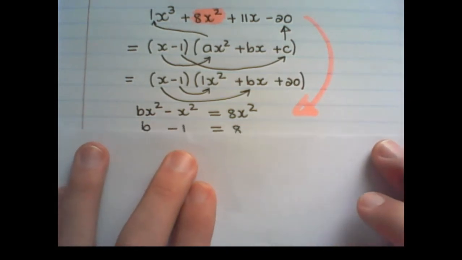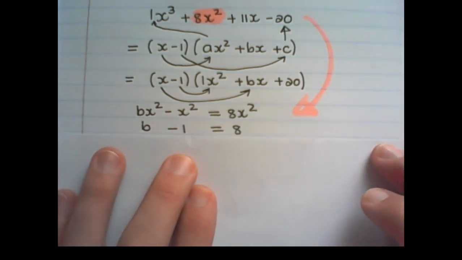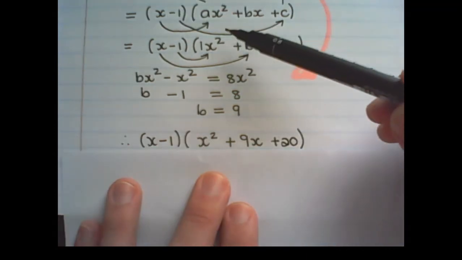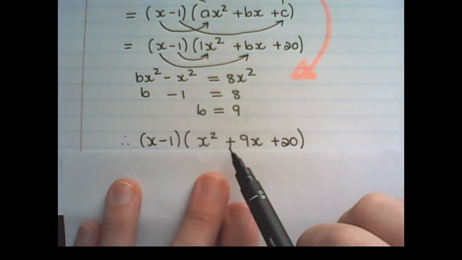Then I divide both sides by x squared, and now I can solve b, which is 9. Now that I have a value of a, b, and c, I can complete the bracket.